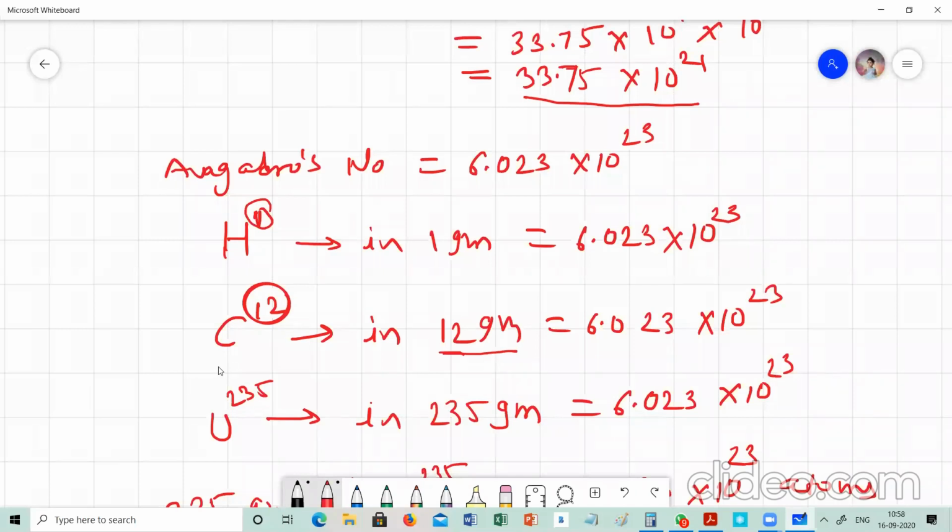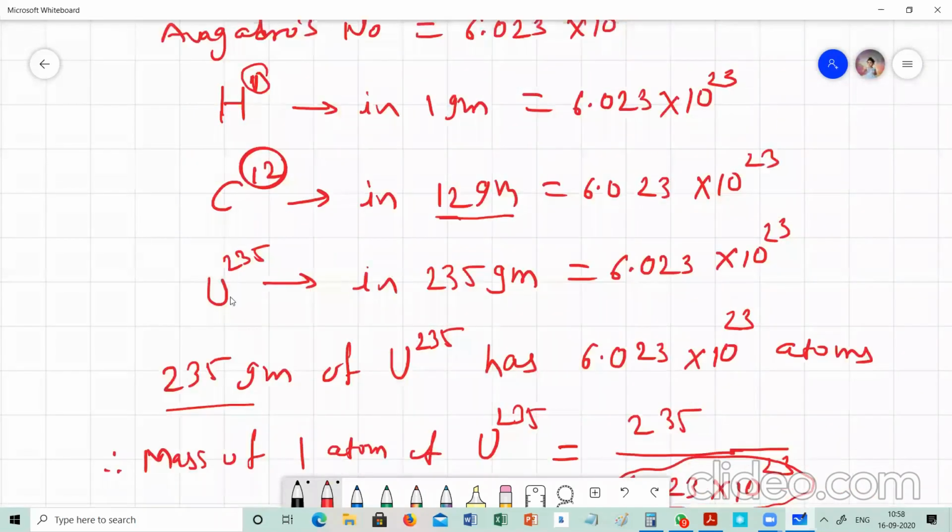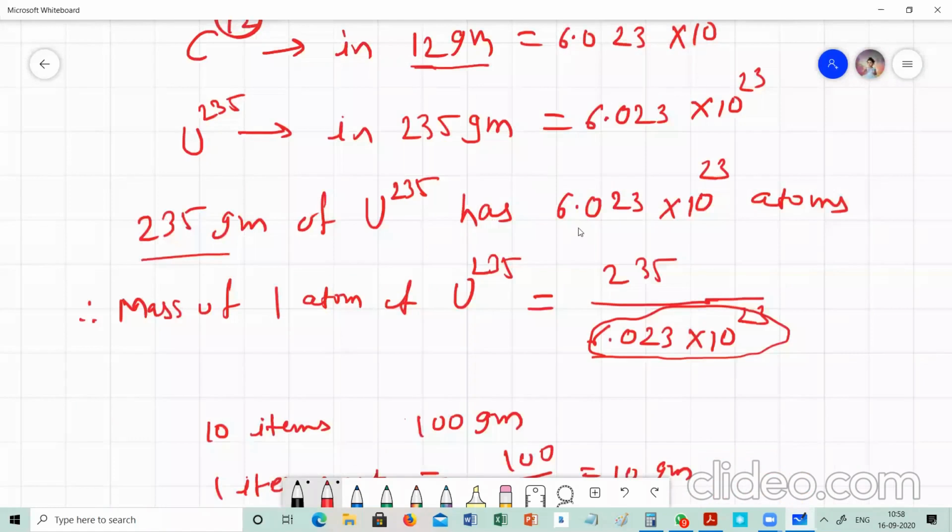Similarly, carbon's mass number is 12, which means in 12 gram of carbon there are 6.023 into 10 raised to 23 atoms of carbon. Similarly, uranium 235 has 6.023 into 10 raised to 23 atoms in 235 gram. So the weight of one atom is equal to 235 divided by 6.023 into 10 raised to 23.